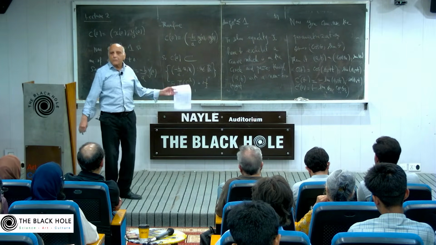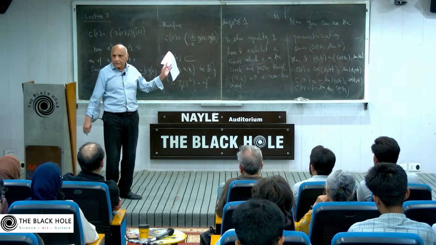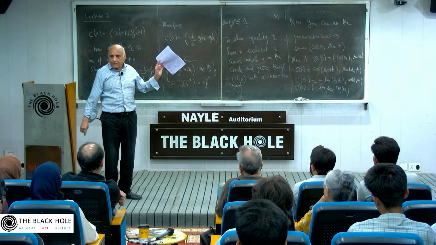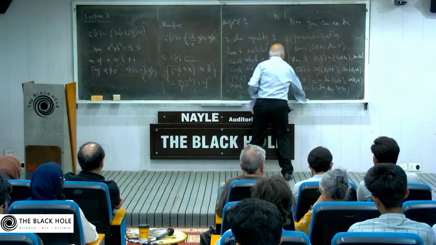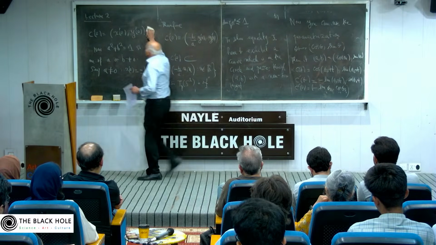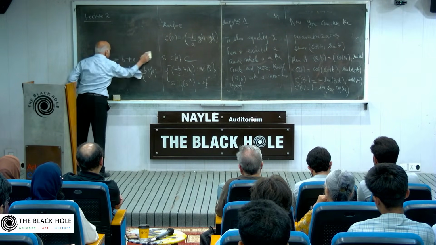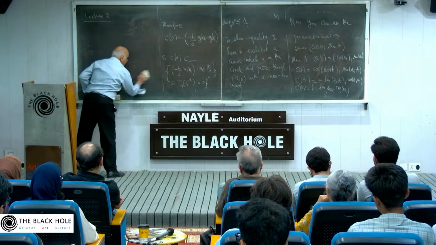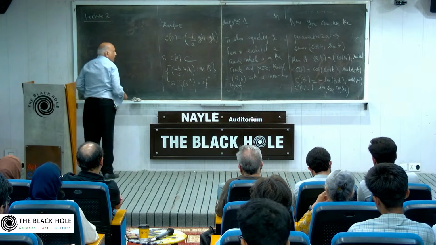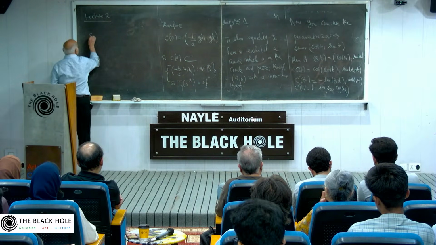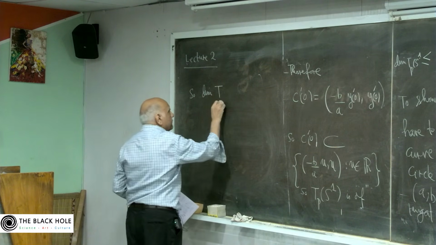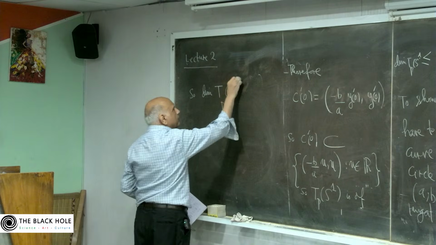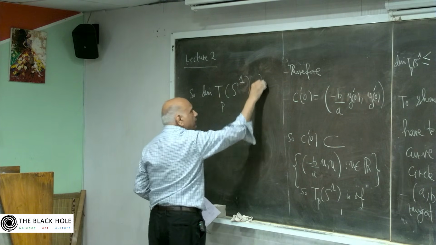Okay. So the dimension of the tangent space would be exactly equal to 1. So the dimension of the tangent space at point P of S1 is 1.